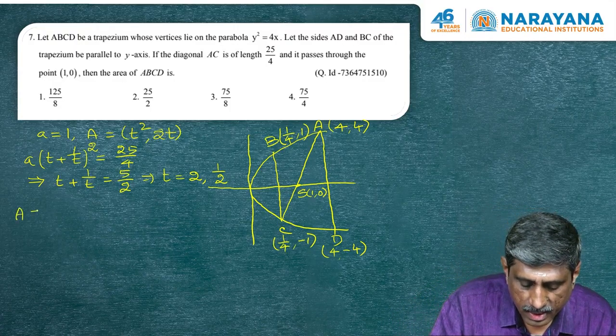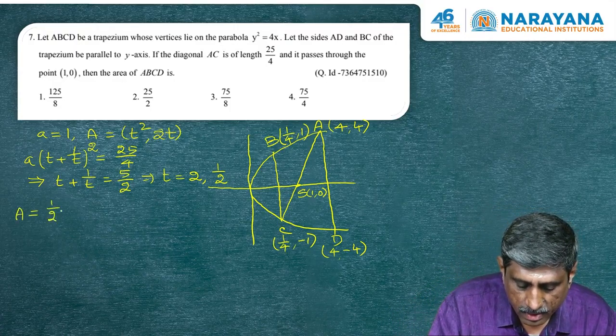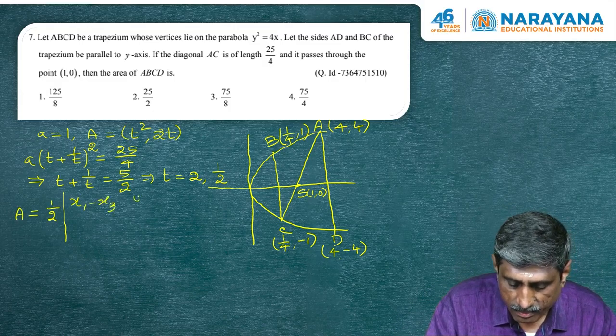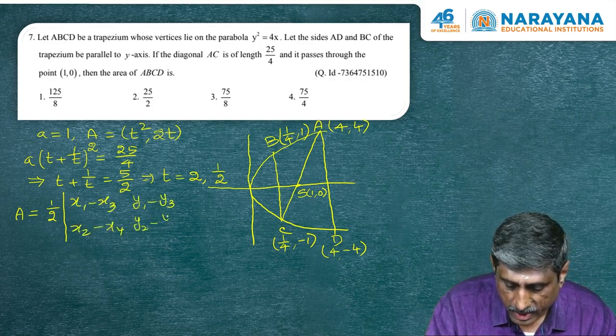Directly, the area is half into the determinant of x1 minus x3, y1 minus y3, x2 minus x4, y2 minus y4.